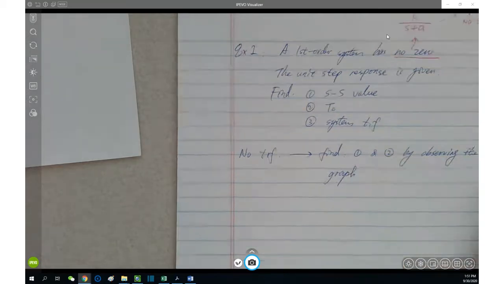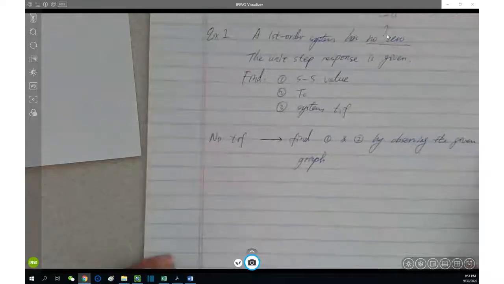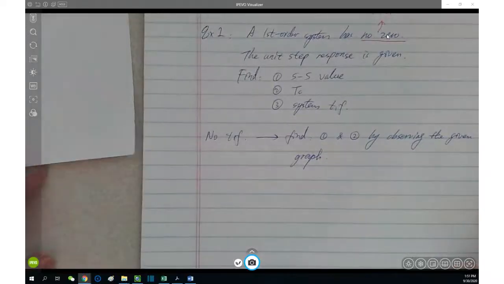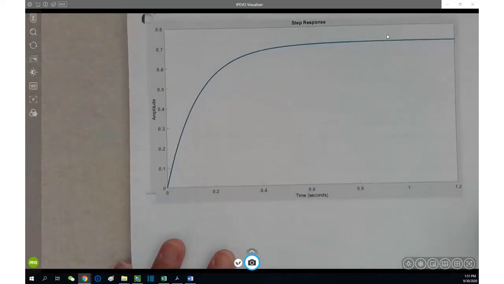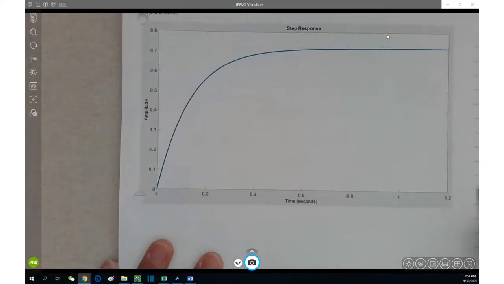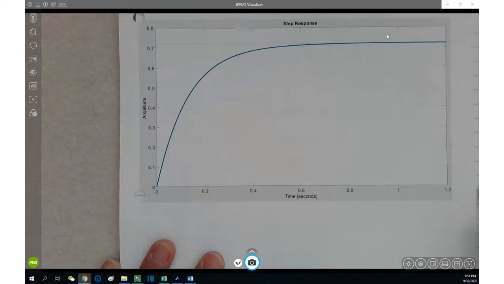It's a reading problem, right? So go to here and let's read this.